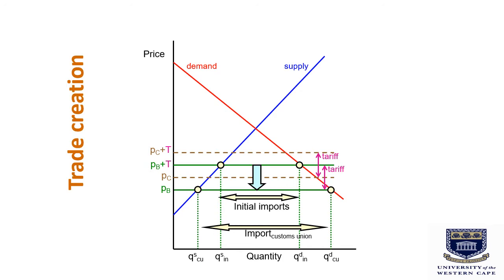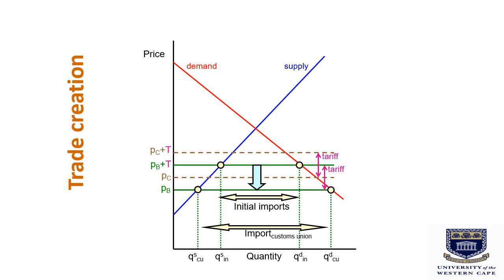So what this graph actually shows is that when you enter into a trade agreement with the efficient producer, you are actually having your initial imports increasing. So imports increase when you enter into a trade agreement. That's the thing that you need to identify here. Because initially, you are trading with an efficient producer.